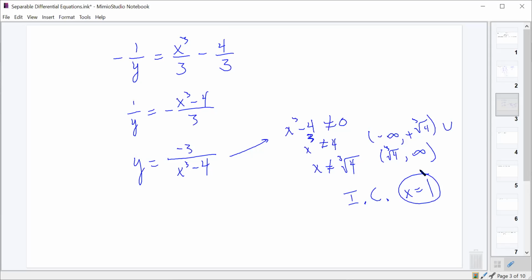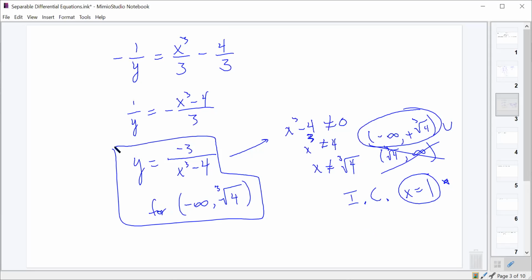Which one of those includes x equals 1? Negative infinity to cube root 4? Exactly, just this one. So this one we won't include. This is only valid, or only has to be this function, for negative infinity to the cube root of 4. Good or no?